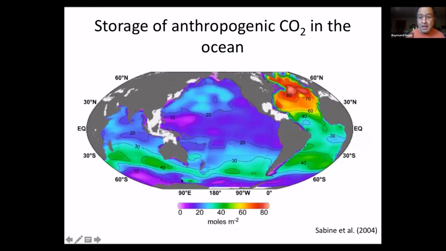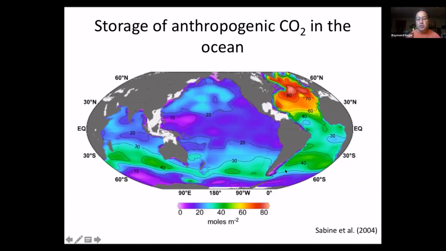And this shows, Mark showed a plot like this. This is basically the same thing. It's just a different color scheme showing where human-produced CO2 has gone into the ocean. These are quite sophisticated techniques to make these maps, and I can't really explain how they're done. It's quite complicated. It's a whole other lecture.